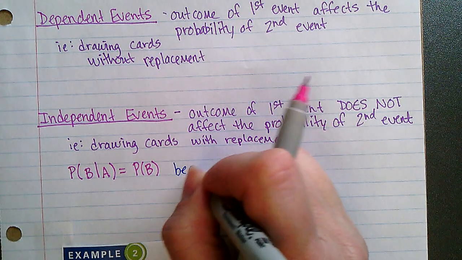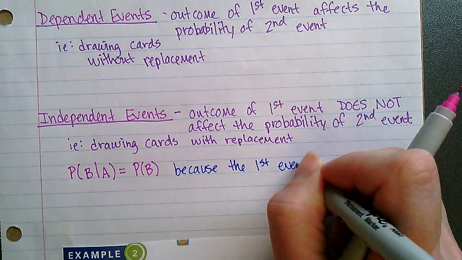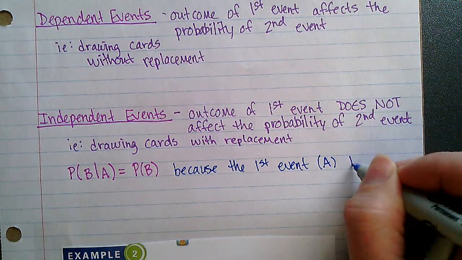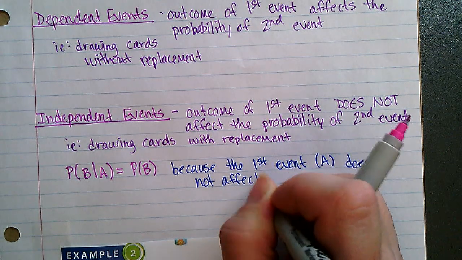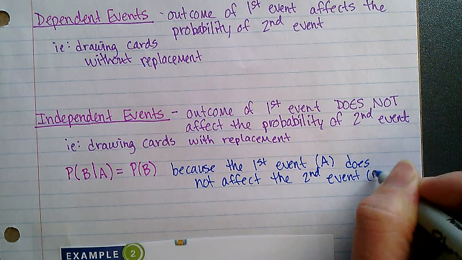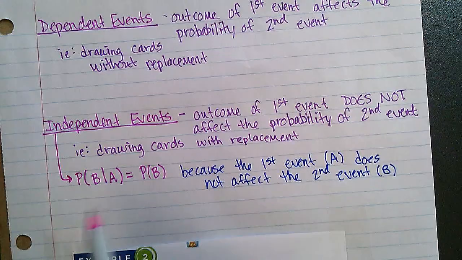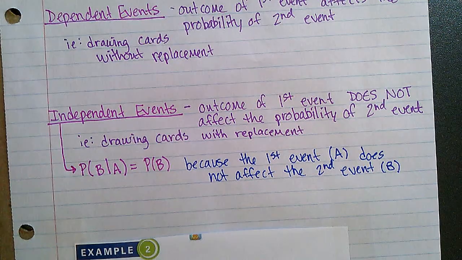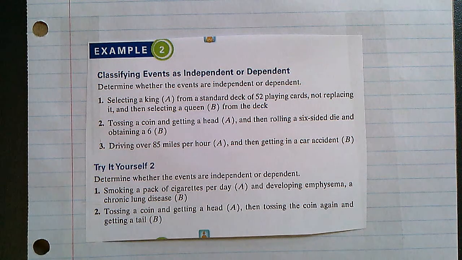That is because the first event, which was A, does not affect the second event, which is B. So for independent events, the probability of B occurring, given that A already has occurred, is equal to the probability of B.